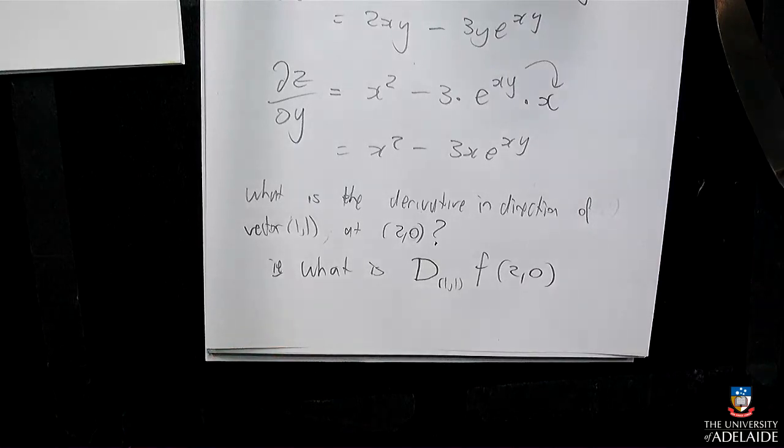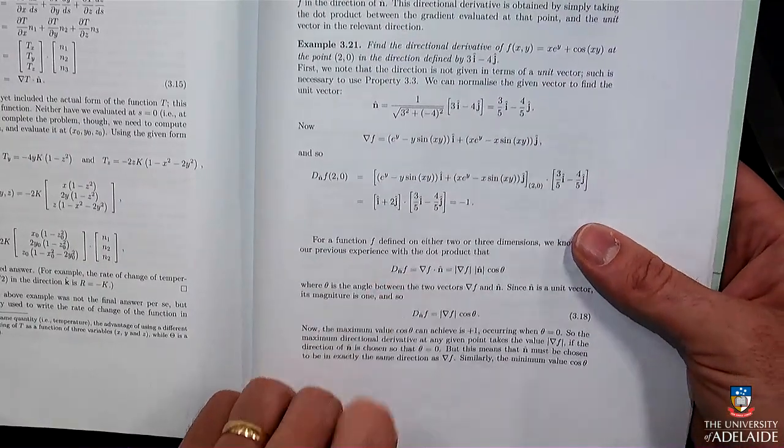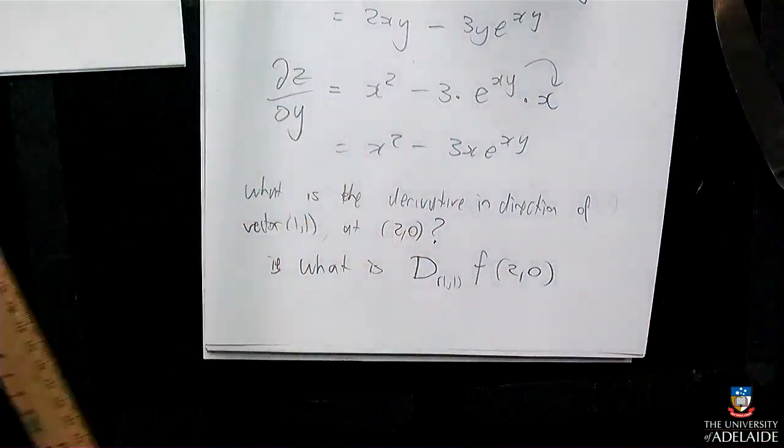I'm going to have to look that up just a second. Has someone got their notes? It used to be this notation, so I just want to check what it is now. There. D sub u f. Yep, that's what I want.